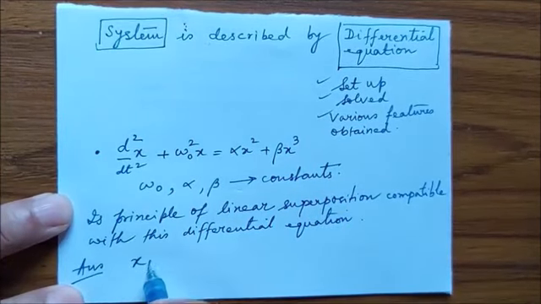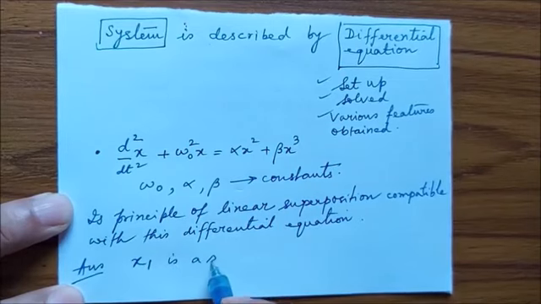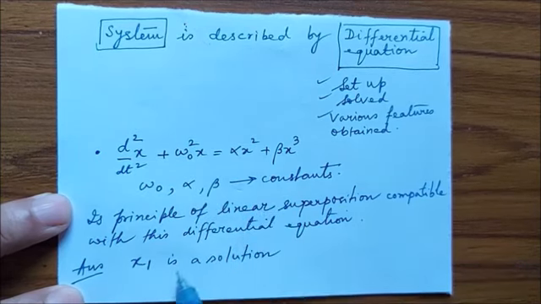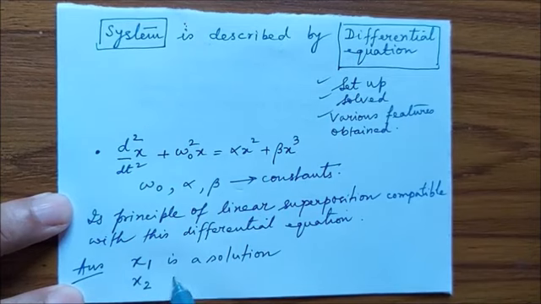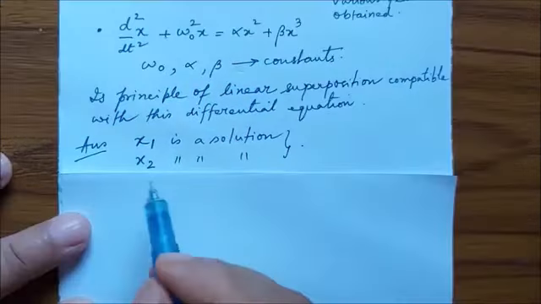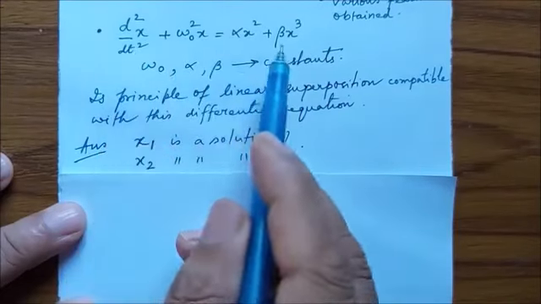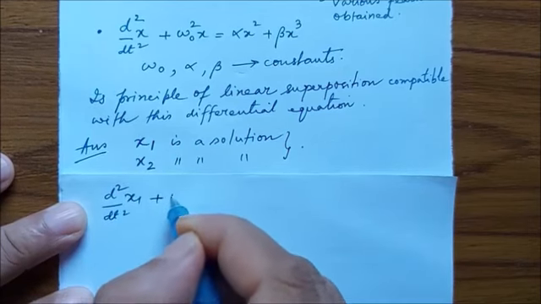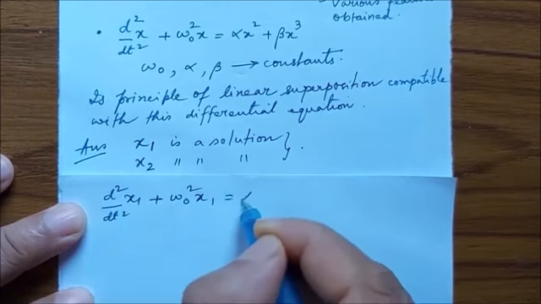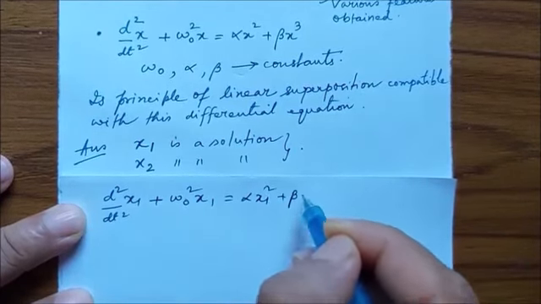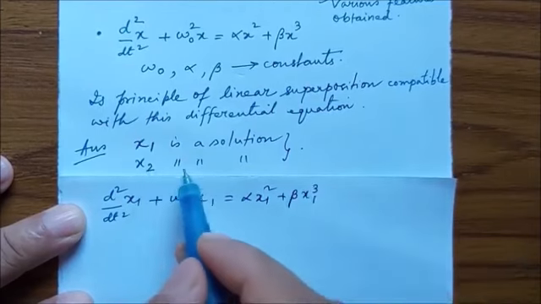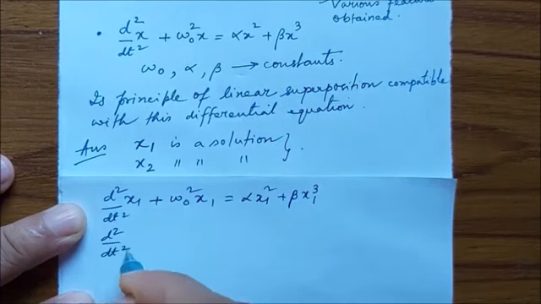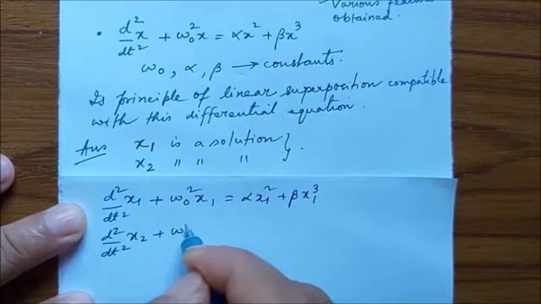Suppose x1 is a solution of this differential equation, and also suppose x2 is another solution of this differential equation. x1 being a solution, you can write this, and again x2 being a solution, we can rewrite this equation with x2.